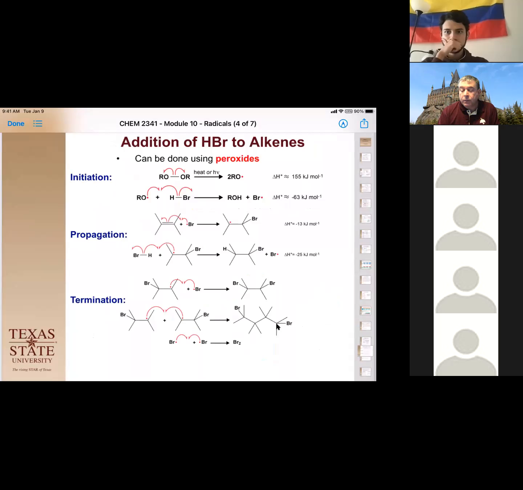Okay, so the step when we have peroxides, peroxide is always our initiator. That oxygen-oxygen bond breaks easily, giving us our 2 equivalents of our oxygen radical. The first thing it does is abstract a hydrogen from the HBr, giving us a bromine radical. Okay, now our bromine radical is free to go around and try to find an alkene to add to.